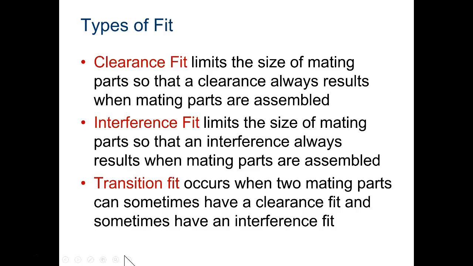There are three kinds of fit: clearance fit, interference fit, and transition fit. It really depends on what you're trying to do. If you're trying to have a wheel that spins on an axle, you use clearance. But if you want the wheel to stick on the axle, you have to use interference. And transition is somewhere in between.